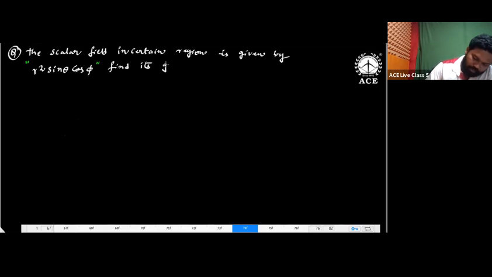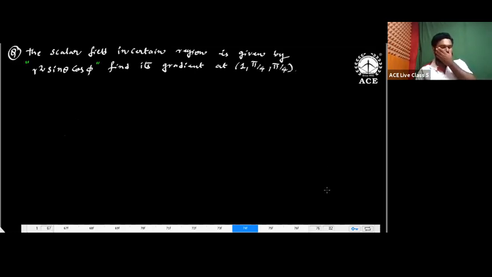Find its gradient at 1 comma pi by 4 comma pi by 4. What should I do? He is asking us to find out the gradient, isn't it?